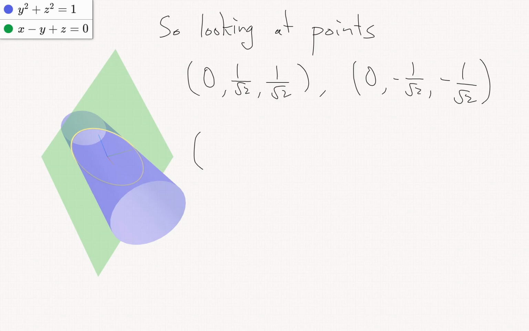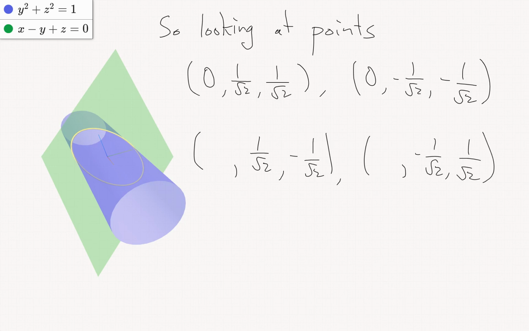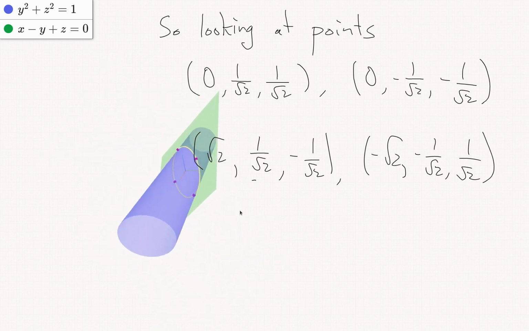And then in the other case, we'll have 1 over root 2, negative 1 over root 2, negative 1 over root 2, 1 over root 2, and then x is twice y, so this will be root 2 and negative root 2. So these are those 4 points.